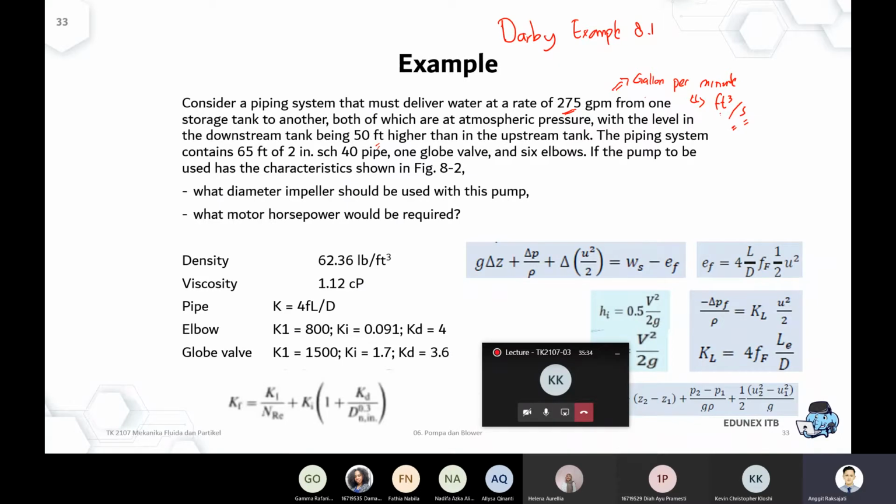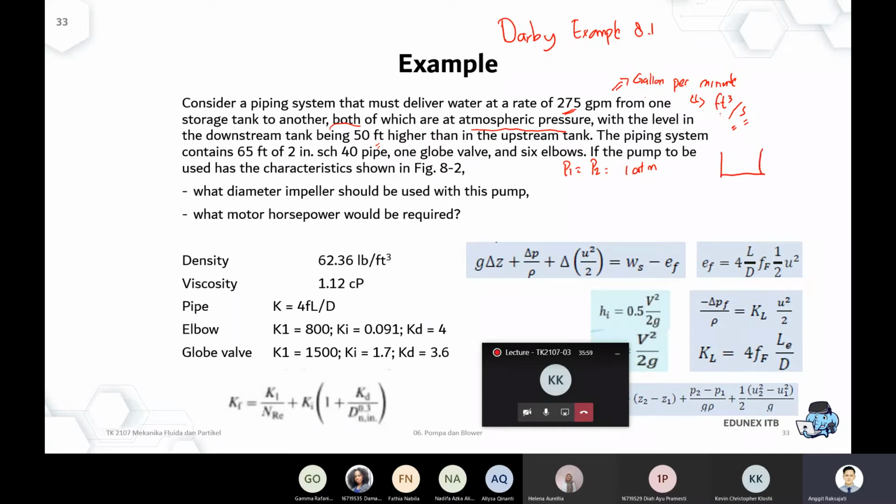So both of the storage tanks are at atmospheric pressure. In that case, we know that P1 is equal to P2, which is 1 atm. And then the level in the downstream tank is 50 feet higher than the upstream tank.